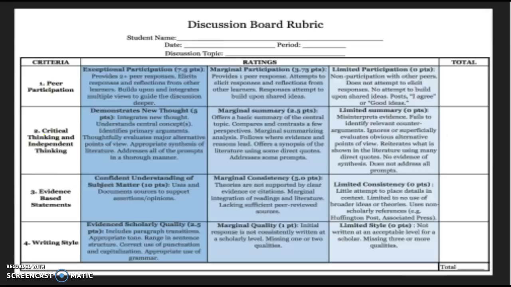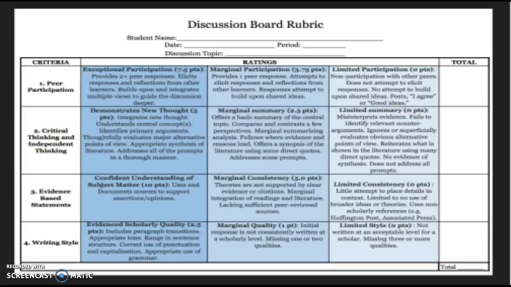I want you to integrate new thoughts but also demonstrate that you understand the central concept. So for this example, the central concept was the purpose of education. Is it being met at Lionville Middle School, and what are the barriers? So I want you to be able to identify those primary arguments and then be able to speak to those things based on your own opinion. And if you were able to find statistics or information out there, like I mentioned, that the testing scores were above the state average, that's also great to add.